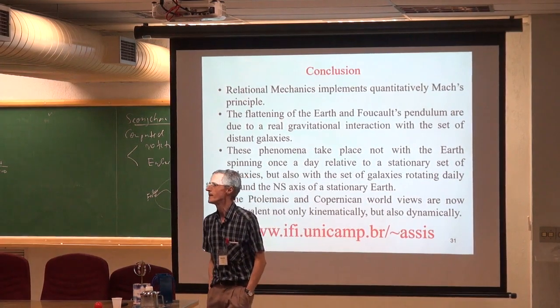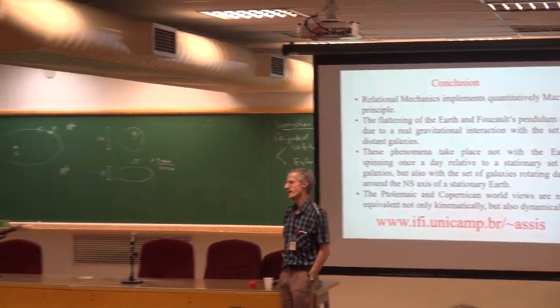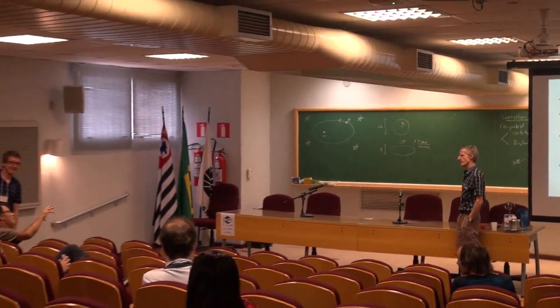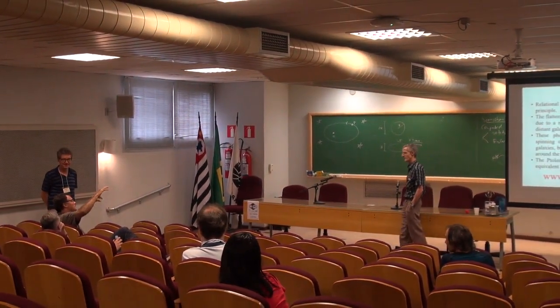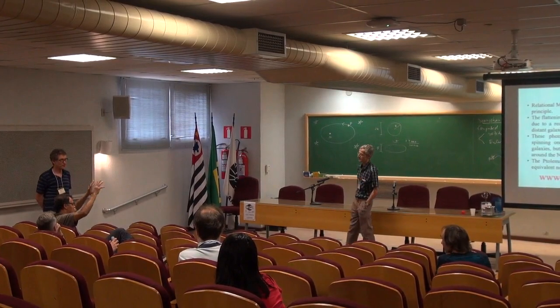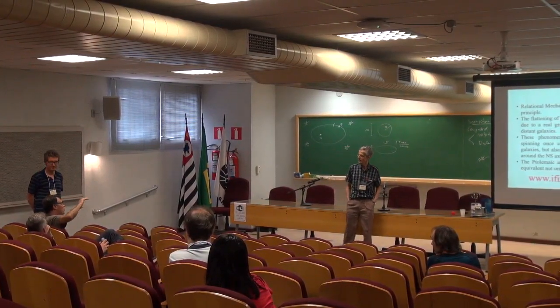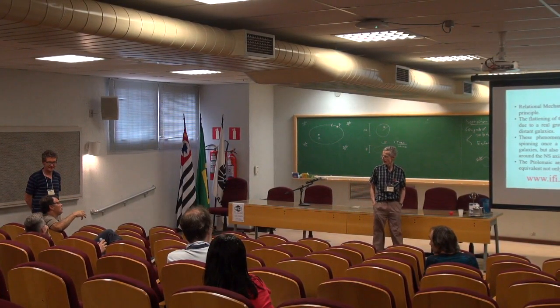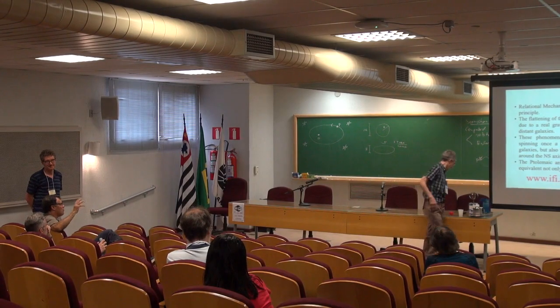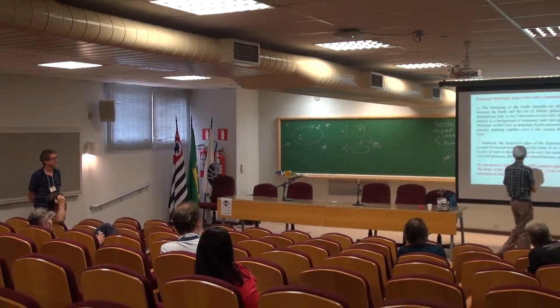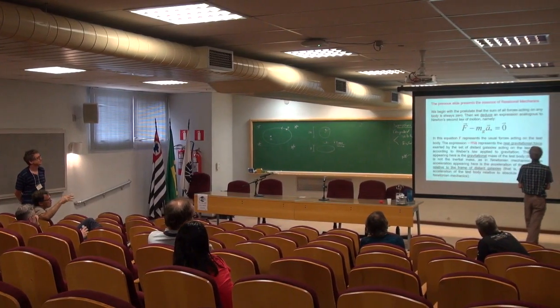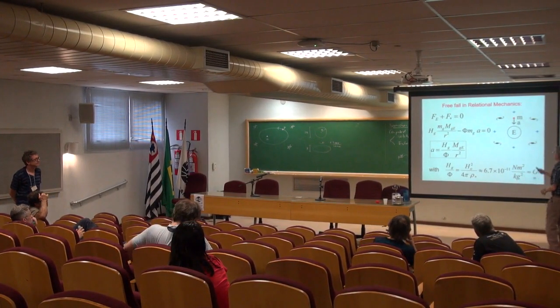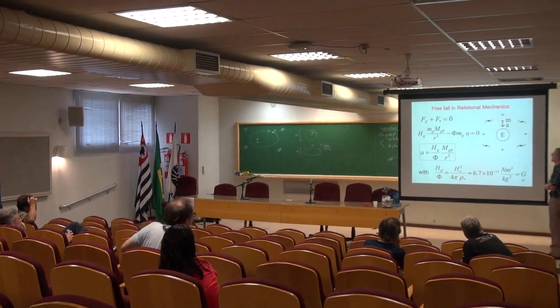Another question. If you have this static, very static galaxies, not rotating at all, do you get the Newtonian mechanics in this situation, or you get something different? Because you said then you use Mach's principle. Let me show it to you. That's what we get.